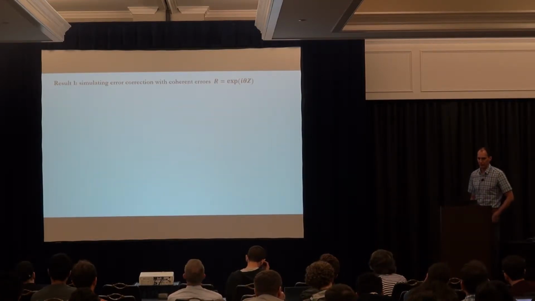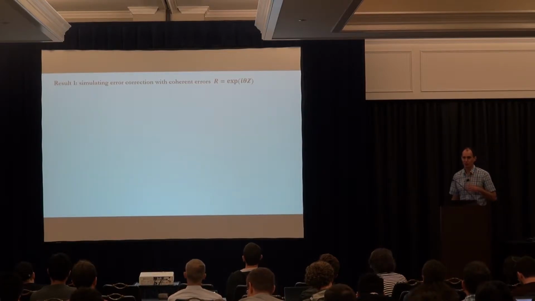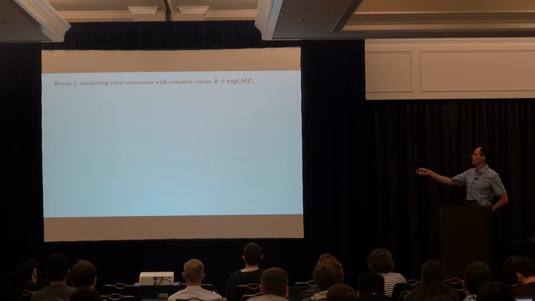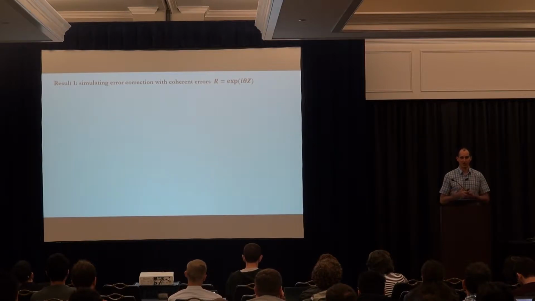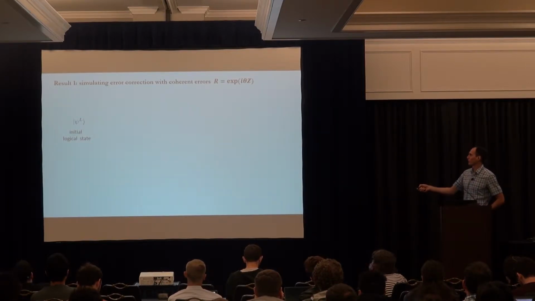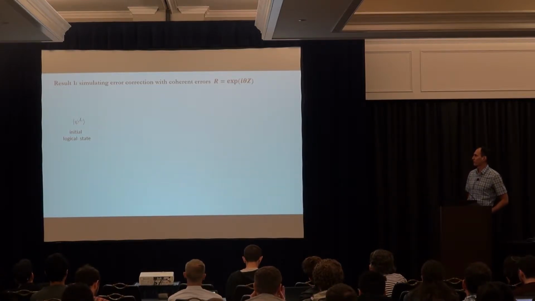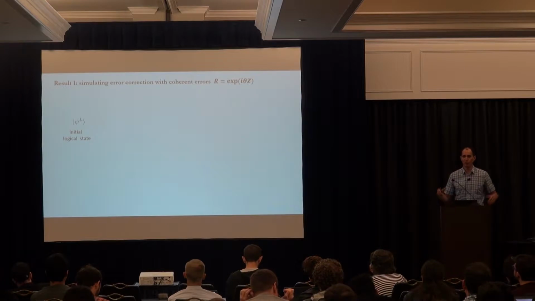And so our first result is a simulation algorithm for coherent errors of this form. On each qubit, we apply a Z rotation with some fixed angle theta. So what we are going to simulate is the following protocol. We start from some initial logical state encoded by the surface code.